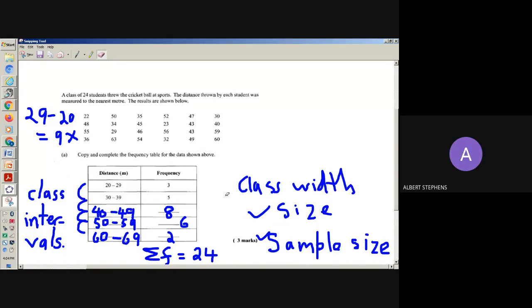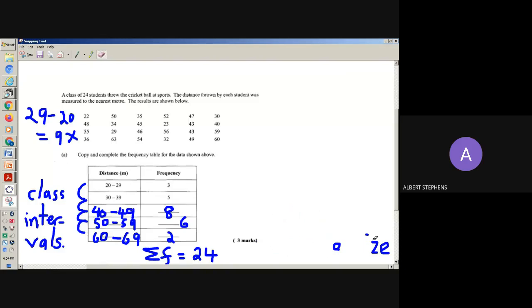Now let us say you want to do a survey of all the high school students in Portmore, and you want to find out how many students in Portmore are doing 5 or more CXCs.